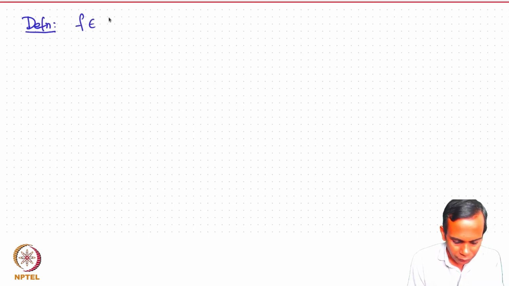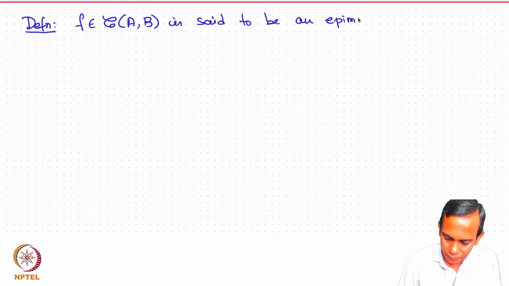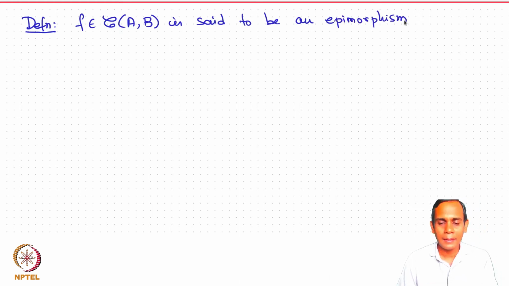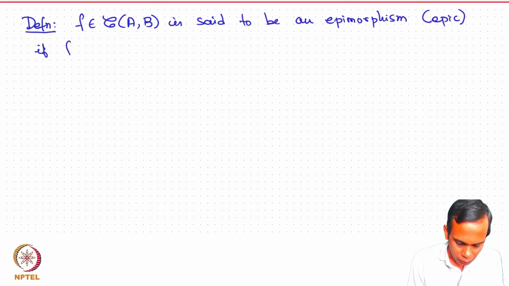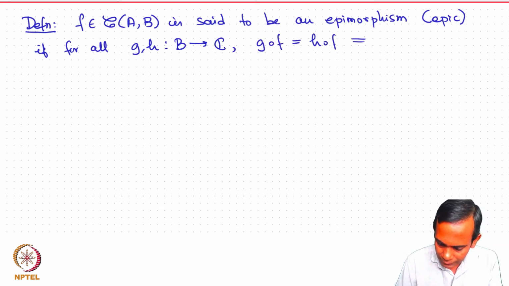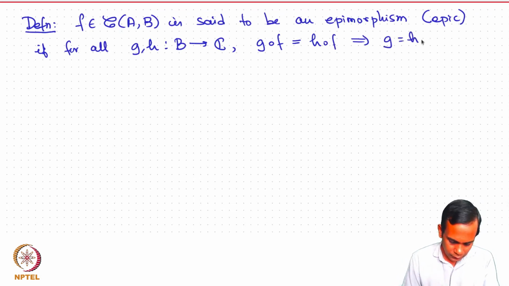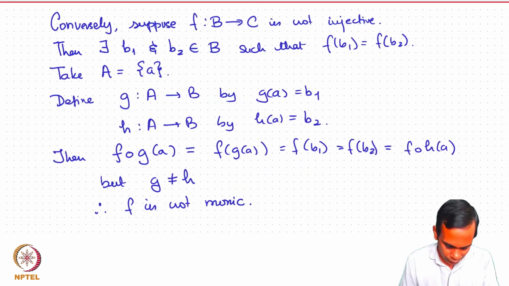So F, an arrow in a category from an object A to an object B, is said to be an epimorphism, and the abbreviation for this is epic, if for all objects C and morphisms G, H from B to C, G circle F equals H circle F implies that G is equal to H. So it's very similar to the definition of monic, except that now the direction of the arrows has changed. So let me draw a picture analogous to this one.